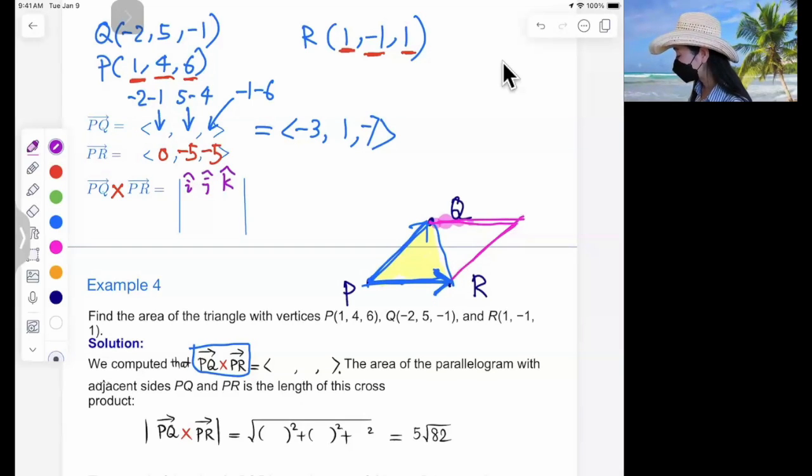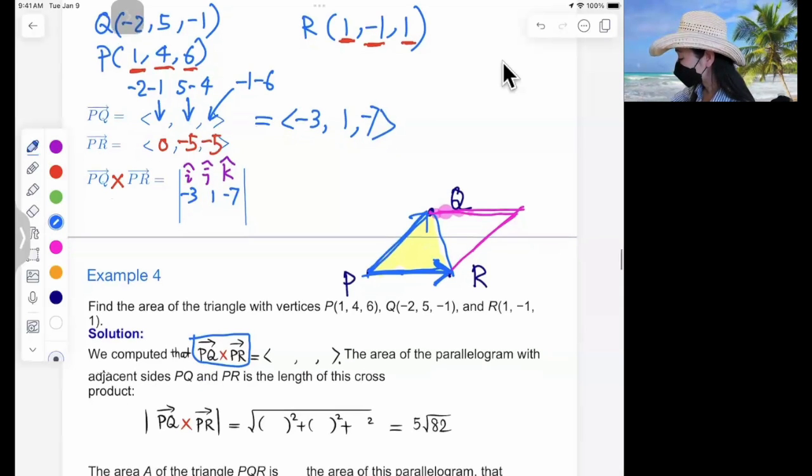Okay, let's put P there. PQ, okay, PQ is what? -3, 1, -7, and then PR is 0, -5, -5. Okay, and then you just compute the determinant of this, right?